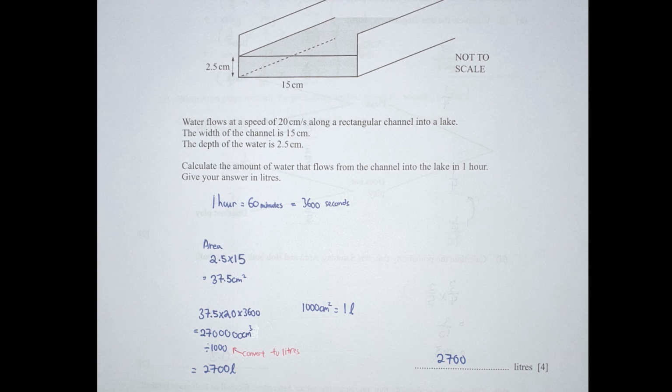Through this, you get 2,700,000 cm cube. After dividing by 1,000, you can convert cm cube into liters, which is 2,700 liters for this final answer here.